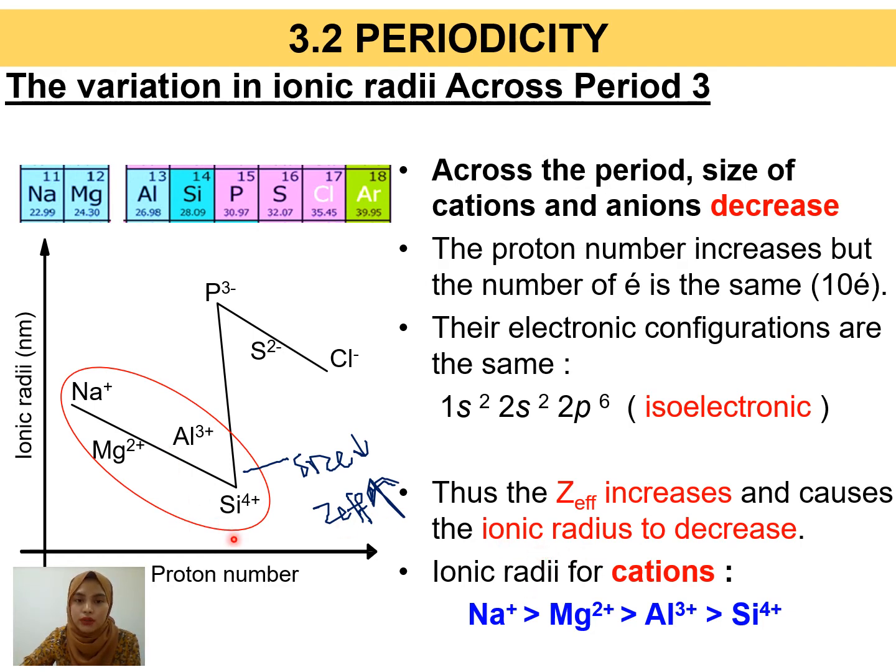So if you want to arrange the ionic radius for these cations, Na plus will be the largest and Si4 plus will be the smallest. The more positive charge in the isoelectronic species, the smaller the size.